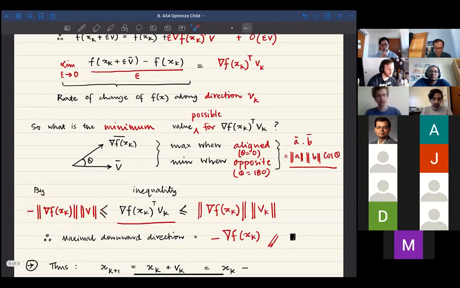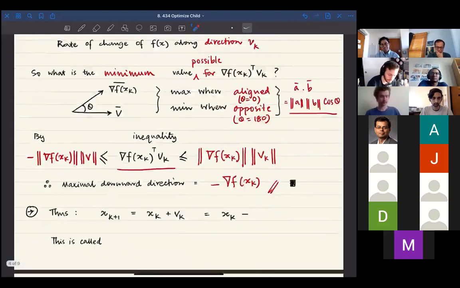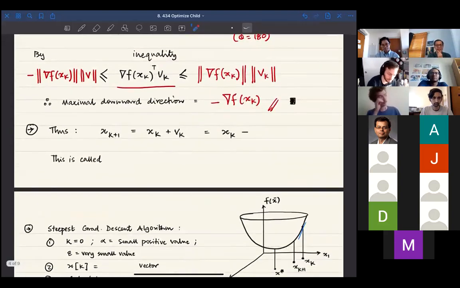In other words, vk over here should go opposite of grad f(xk). Confusion? Nothing, right? So now we figured out which way vk should point, should go down to make it the minimum. Very good. So this is minus grad of f(xk).